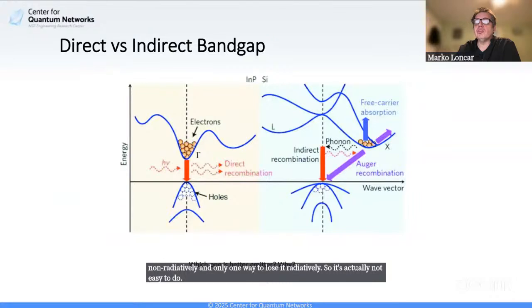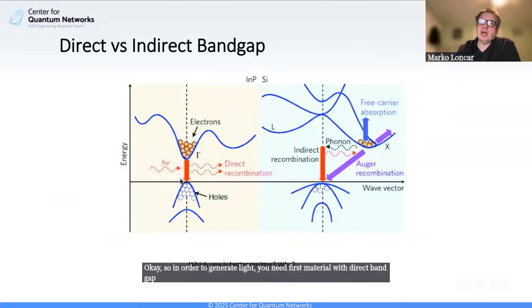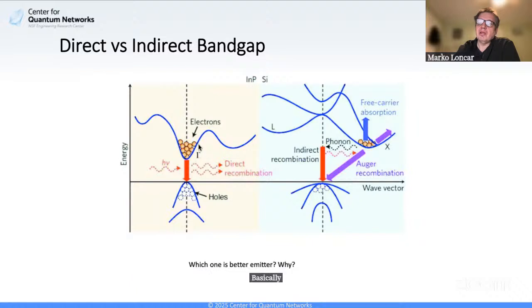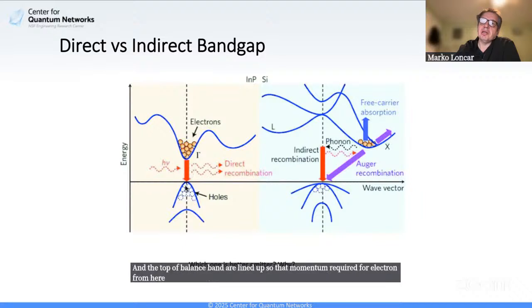Okay, so in order to generate light, you first need a material with a direct bandgap. I hope that many of you have taken semiconductor physics, so you know what I mean by it. Basically, it means that the bottom of the conduction band and the top of the valence band are lined up, so that the momentum required for an electron from here to recombine with the hole from here is zero.